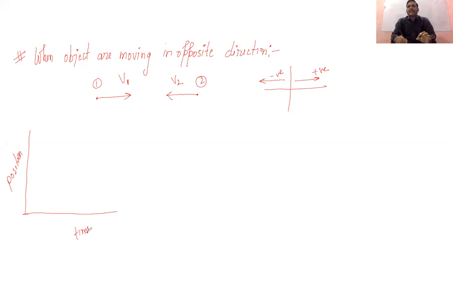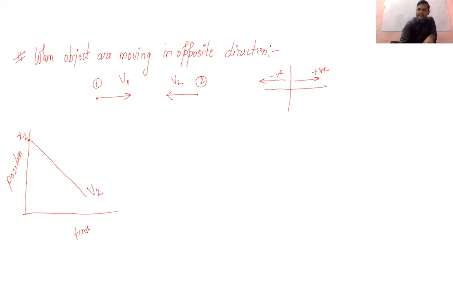This v2 will be taken as negative now. So the second person will be moving like this, because the slope of the position-time graph is negative, so velocity will be negative. This is position x2, and the velocity is v2.